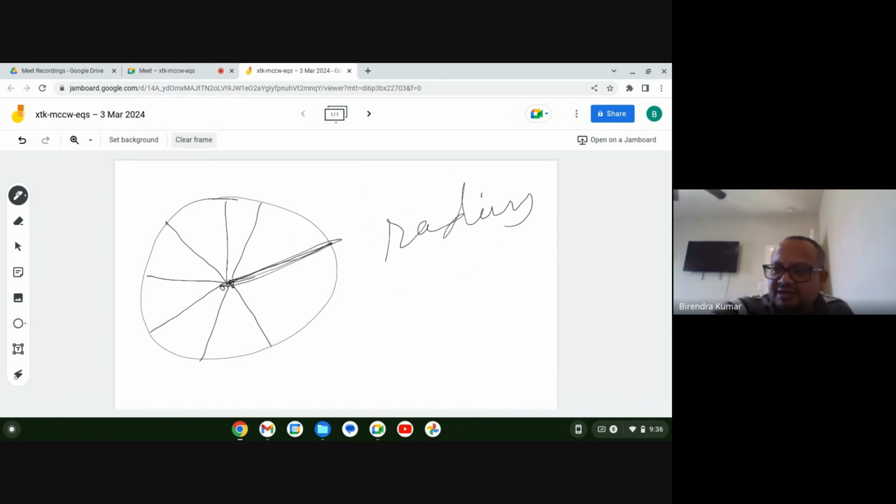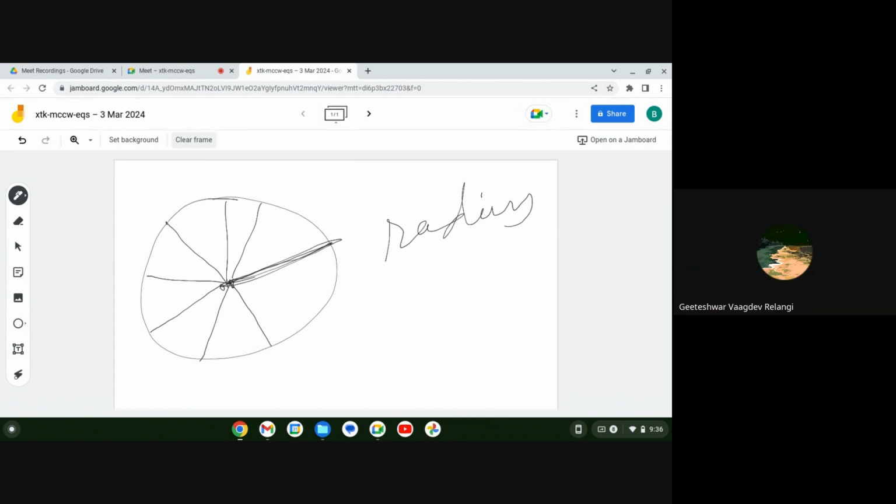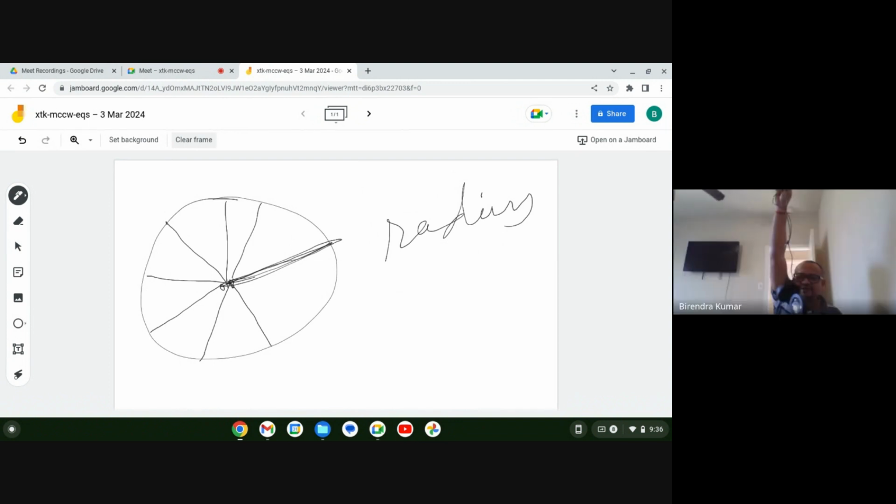Now imagine, let's say this is something I have. You can see what I'm holding. It's headphones. What I have is a string. I'm holding this at one end, and I can rotate this. What does it make? A circle.